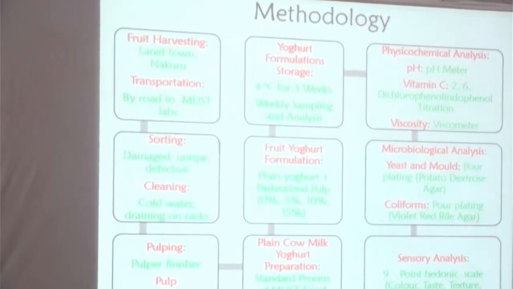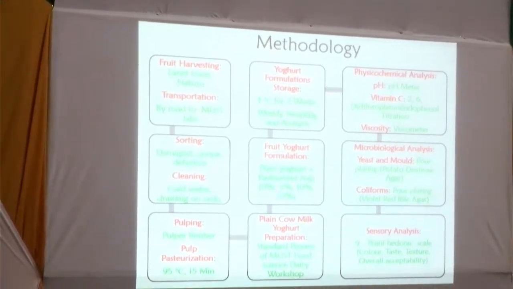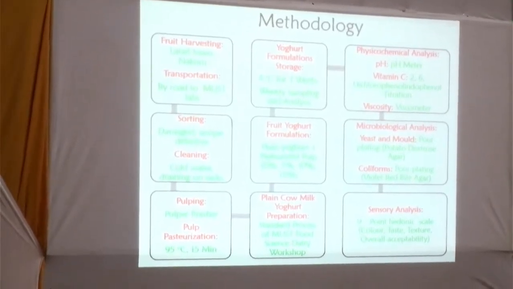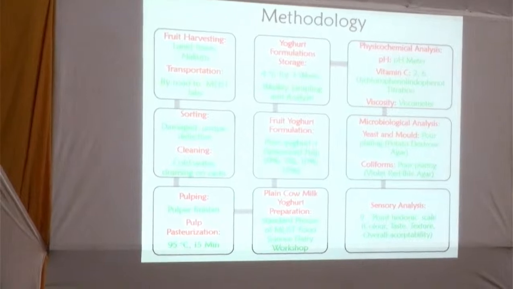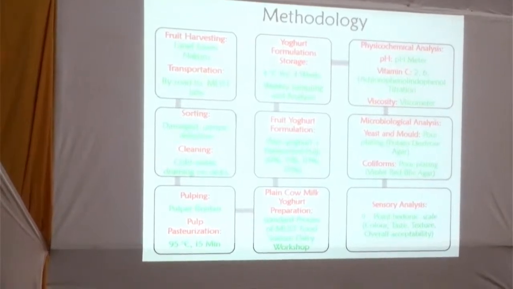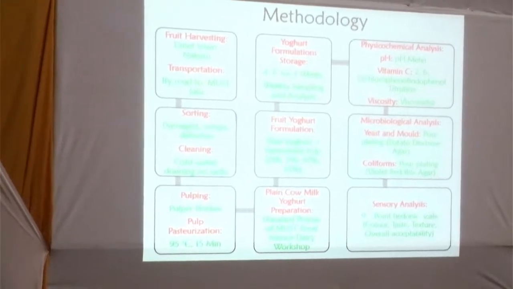So those are the methodologies. The fruits were sourced from Lanet, Nakuru. They were transported to Meru University. The yogurt was formulated and stored at 4 degrees for 3 weeks. Various physicochemical properties were determined, including pH, vitamin C, and viscosity.